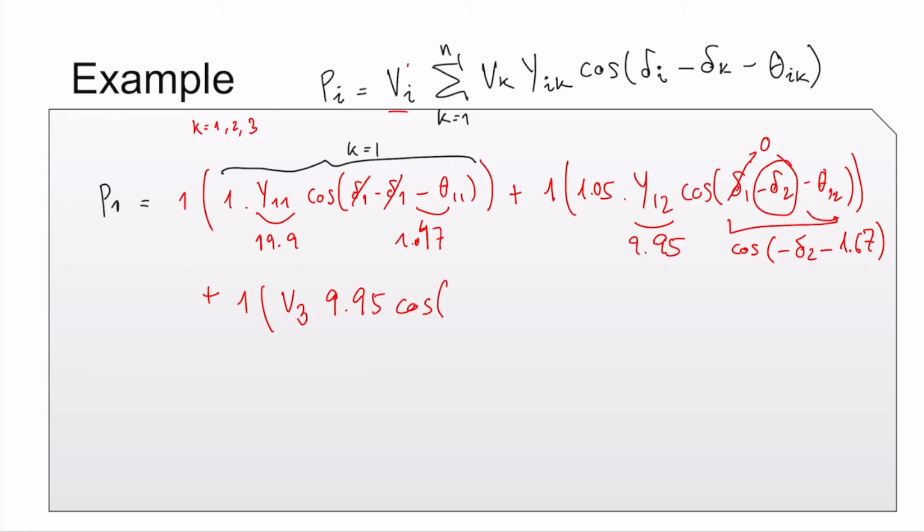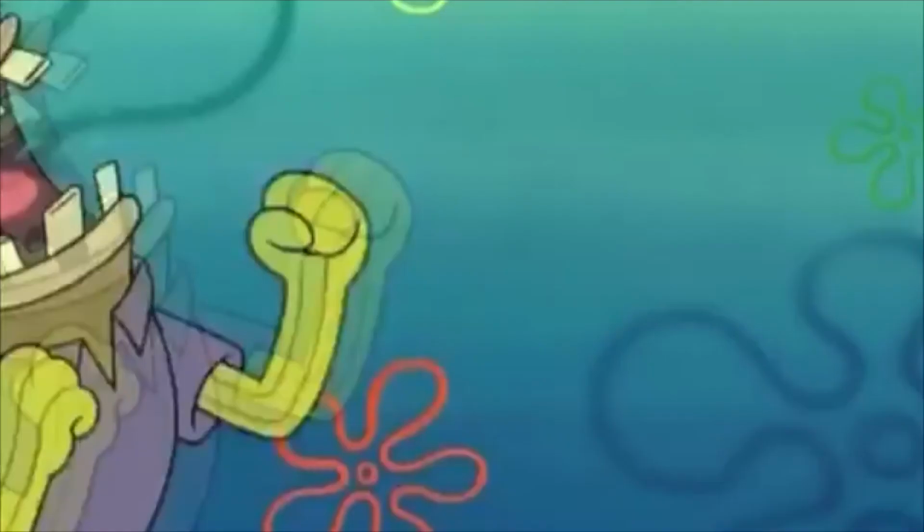Cos delta 1 is 0. I don't know delta 3, and the element of the admittance matrix is 167. Finally!